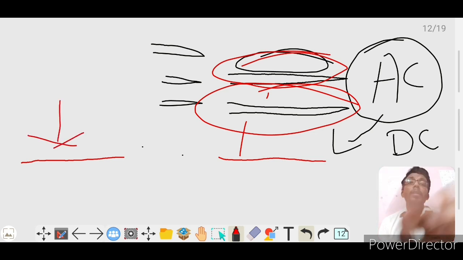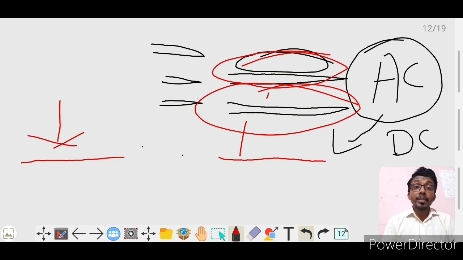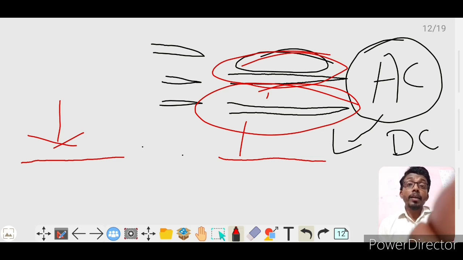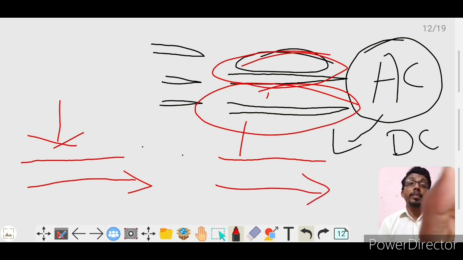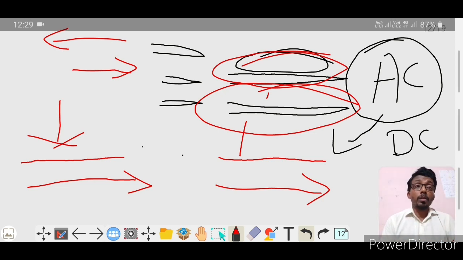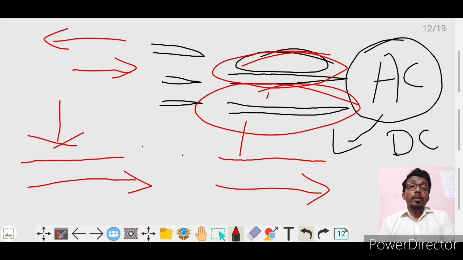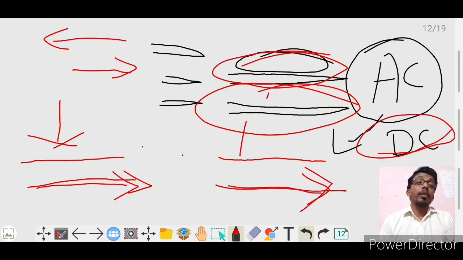In DC, that part is not played. In DC, my current is always flowing in the same direction, whereas in AC, it was flowing in this as well as this direction. So now, as it is flowing in the same direction, we are calling it direct current.